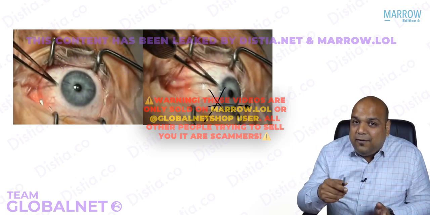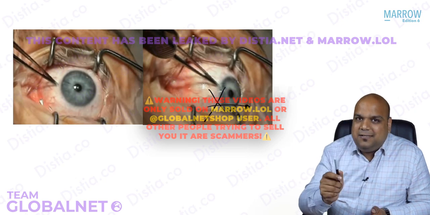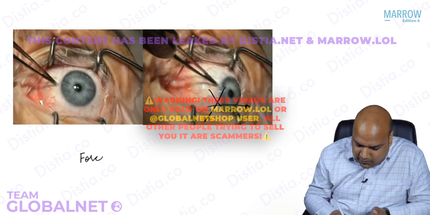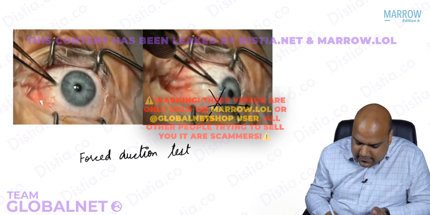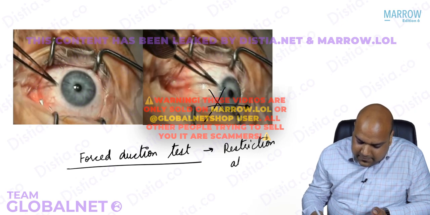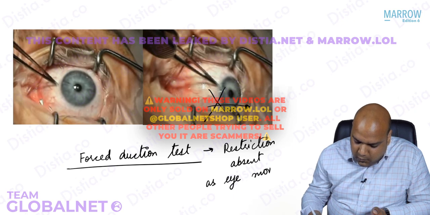In that case, we would have said restriction is present. I hope you understand what I'm trying to show you here. So this is an example of forced duction test, okay, in which restriction is absent as eye moves with external force.